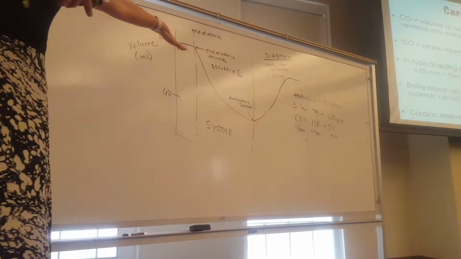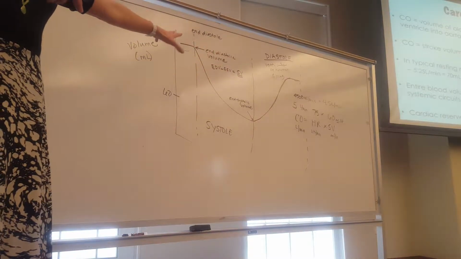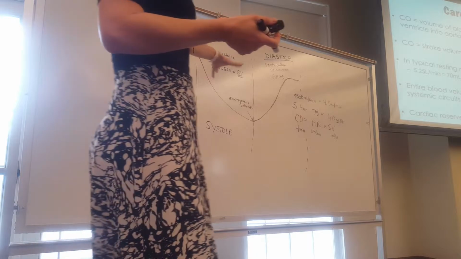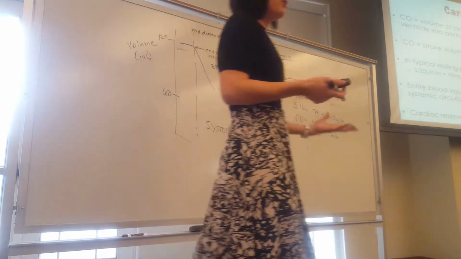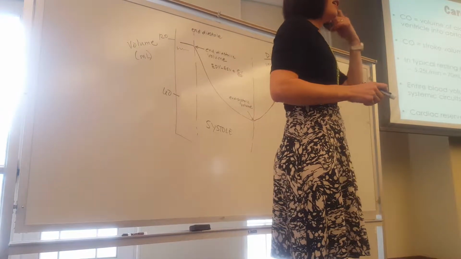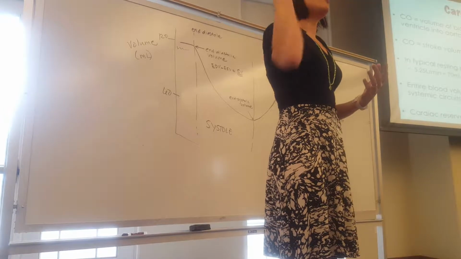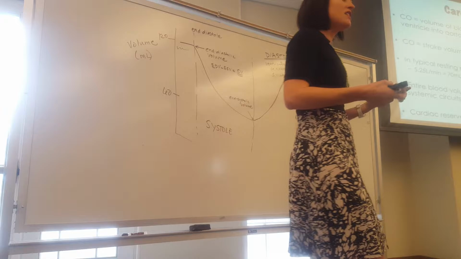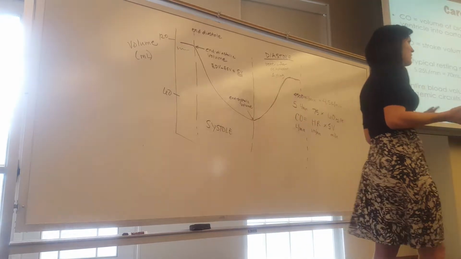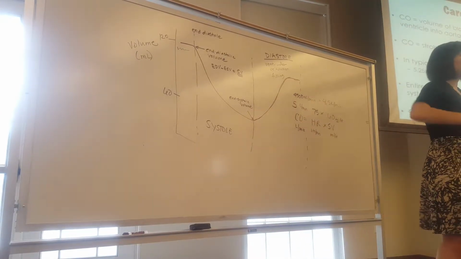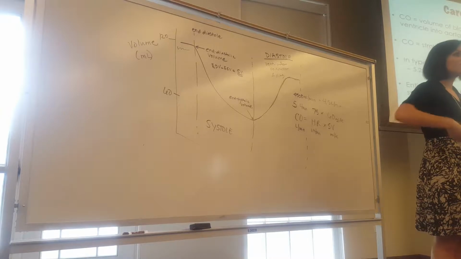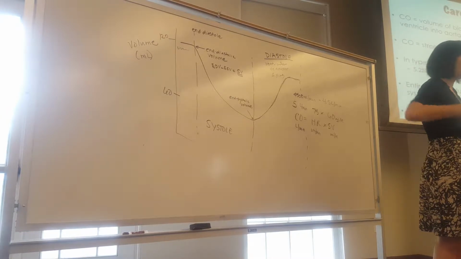Okay, so we've already mentioned that in the typical male, it's around 5 liters per minute. In the typical female, it's probably closer to 4 liters per minute. However, when you exercise, your cardiac output during maximal exercise can increase up to 5 times, sometimes even more than that, which means that you are pumping 25 liters of blood per minute through your body when you're exercising.